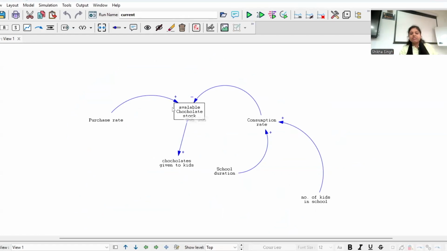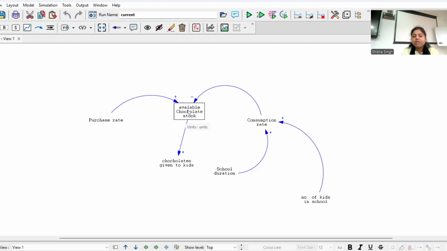So you see, there is one simple variable, available chocolate stock. So here I'll be showing you two differences, that how the causal maps do not consider this accumulation or stock variables. So here you see available chocolate stock is basically a stock variable, right? But the inflow and outflows are not defined because it is just a simple causal map. Purchase rate will increase, the higher the purchase rate, the higher the available chocolate stock.